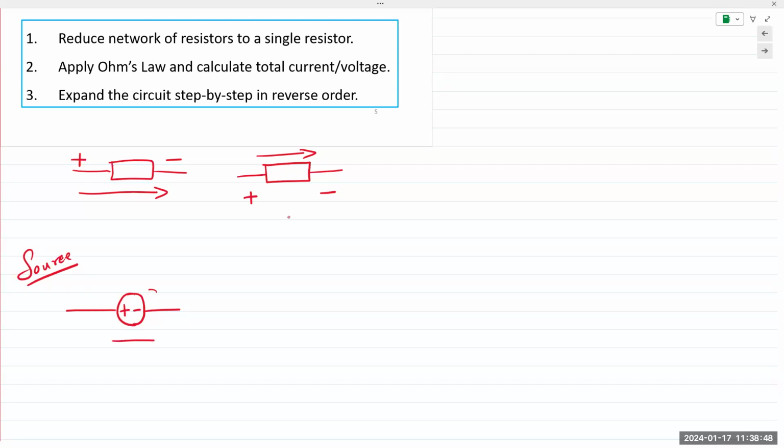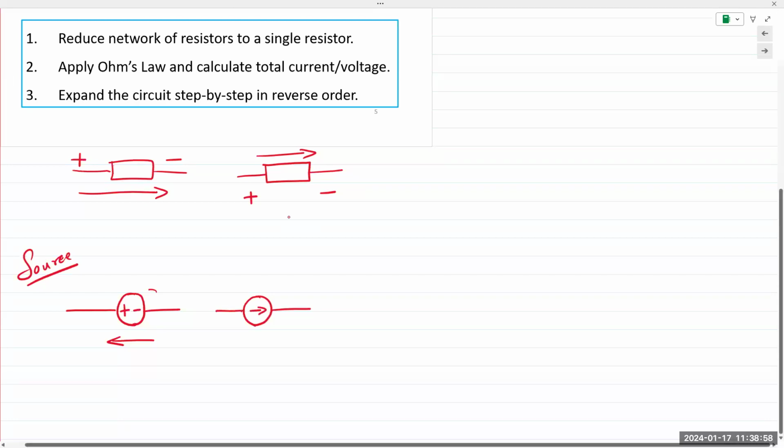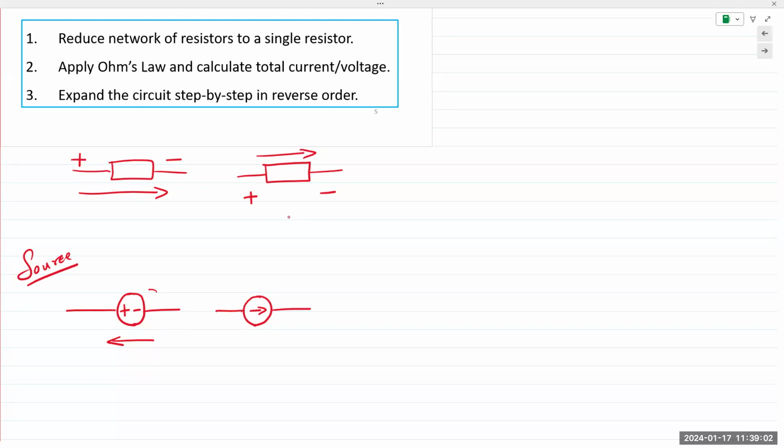Towards the left. My current is going in this direction. If I was given a current source, where is the minus sign? On the left. So it'd be minus, plus.